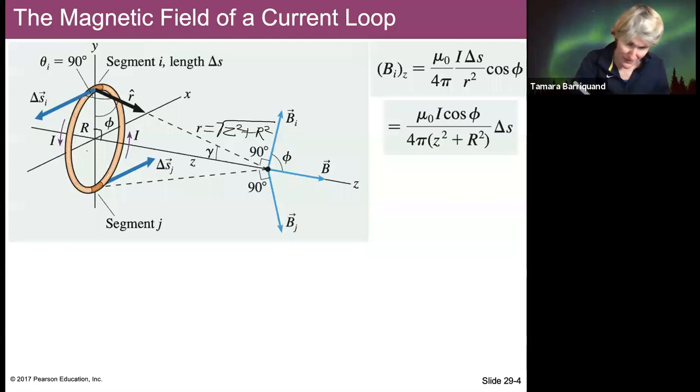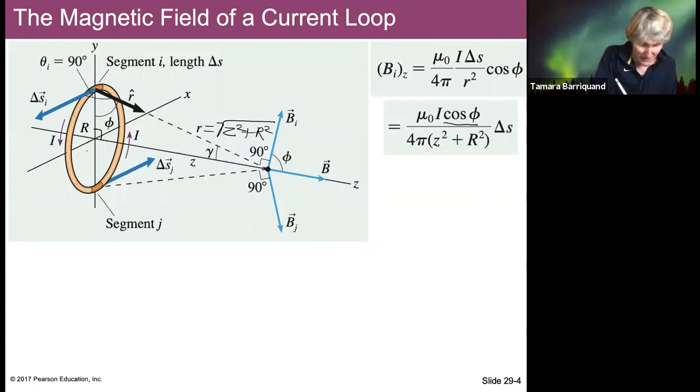Now what we need to think about is this cosine phi. We see that phi right here, this angle right here, is going to be the complement of this angle right here. This is 90 degrees between these two, so phi is 90 degrees minus this little angle zeta.